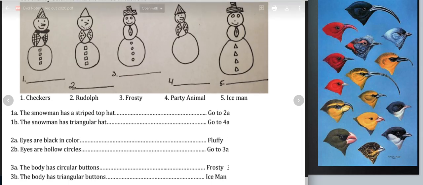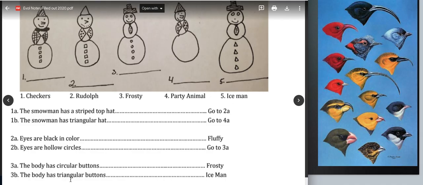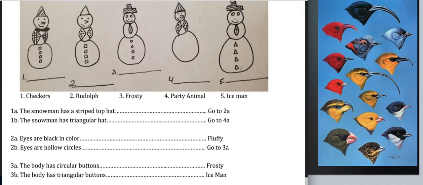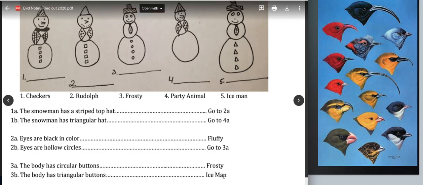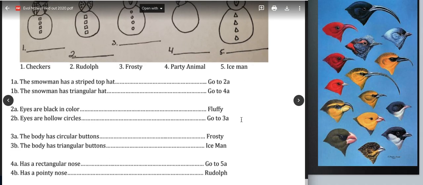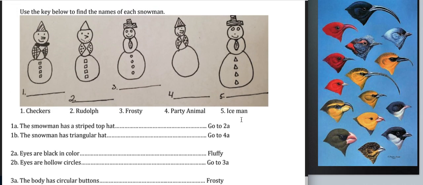So I'm going to go to 3. Does he have circular or triangular buttons? He's got triangular buttons, so this is Iceman. Okay. So we got Checkers, Rudolph, Frosty, Party Animal, and Iceman. So that's how we use the dichotomous key.